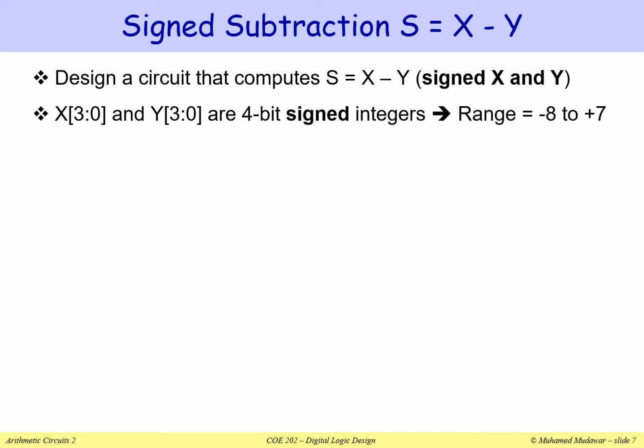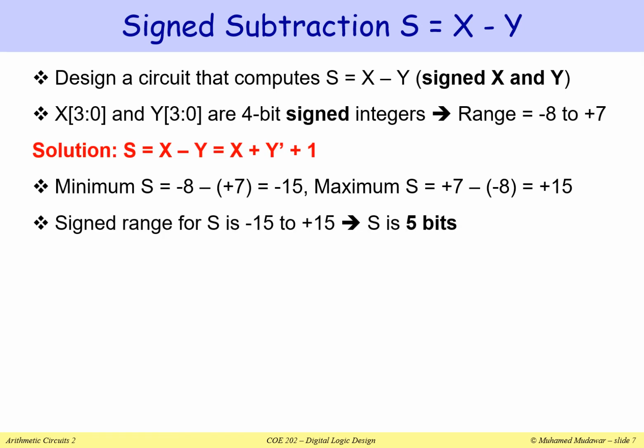So what is the minimum S and what's the maximum S? The minimum S will be -8 for X and +7 for Y. So -8 minus +7 will give me -15. And the maximum will be +7 minus -8, which will give me +15.